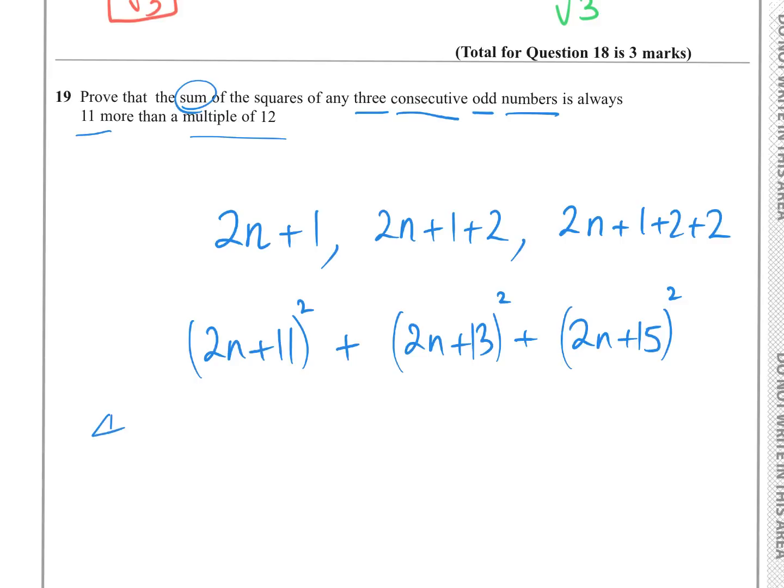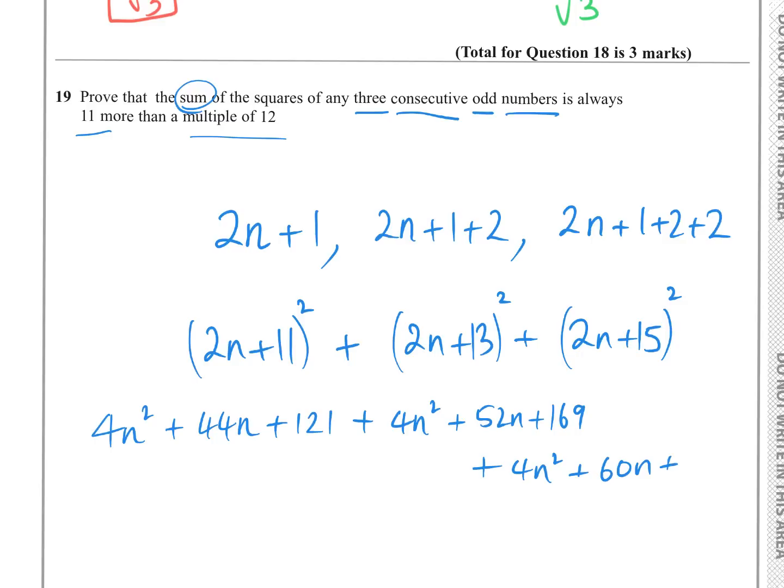So we're going to get 4n squared plus 44n plus 121 here, plus 4n squared again, plus 52n plus 169, plus 4n squared plus 60n plus 225.